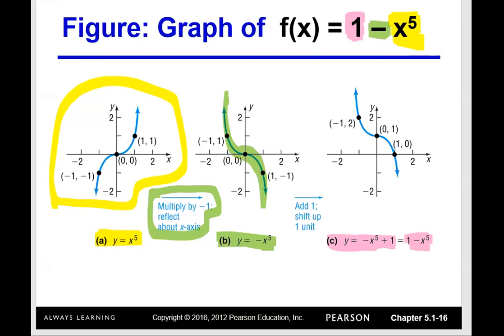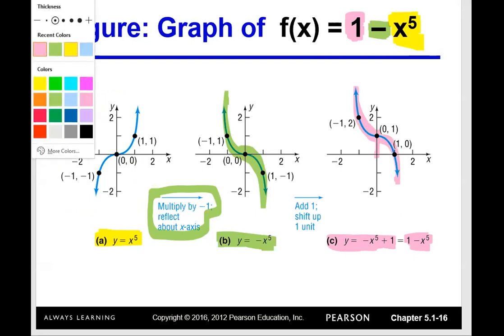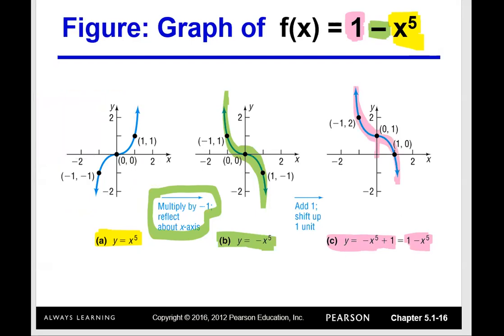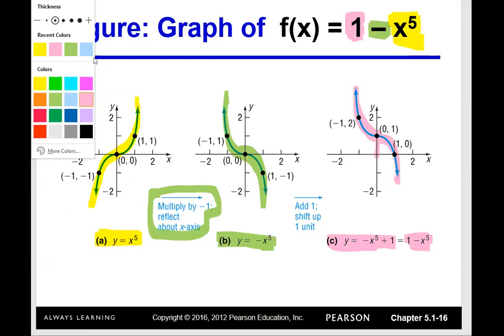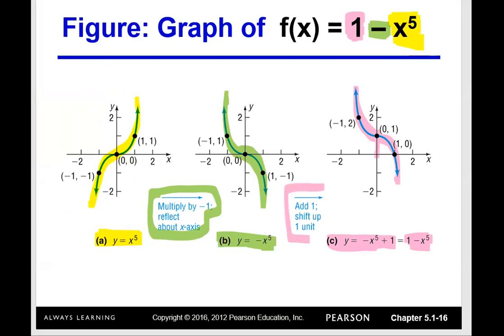It went from being at the origin up to here. I don't know why I circled this over here. I should have just highlighted the graph. Be consistent, April. So if you add the 1, that shifts it up 1 unit. They did 1 step at a time.